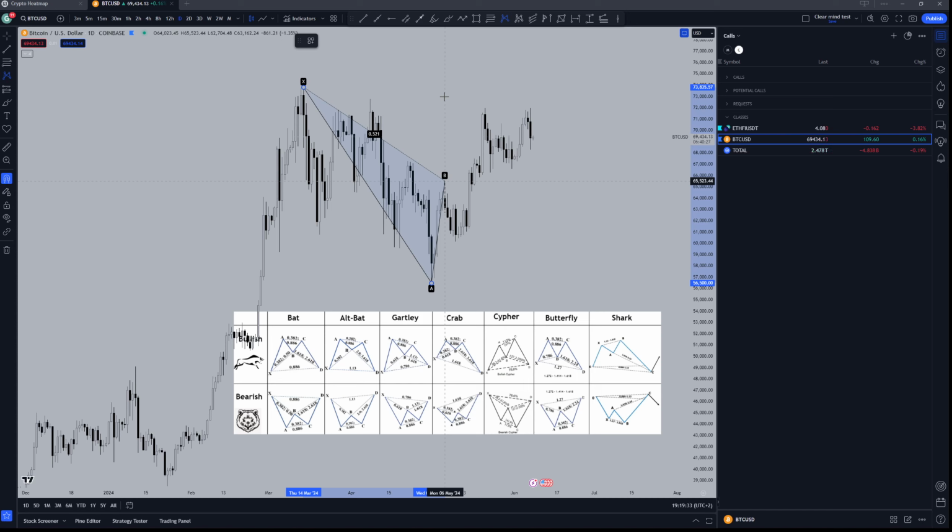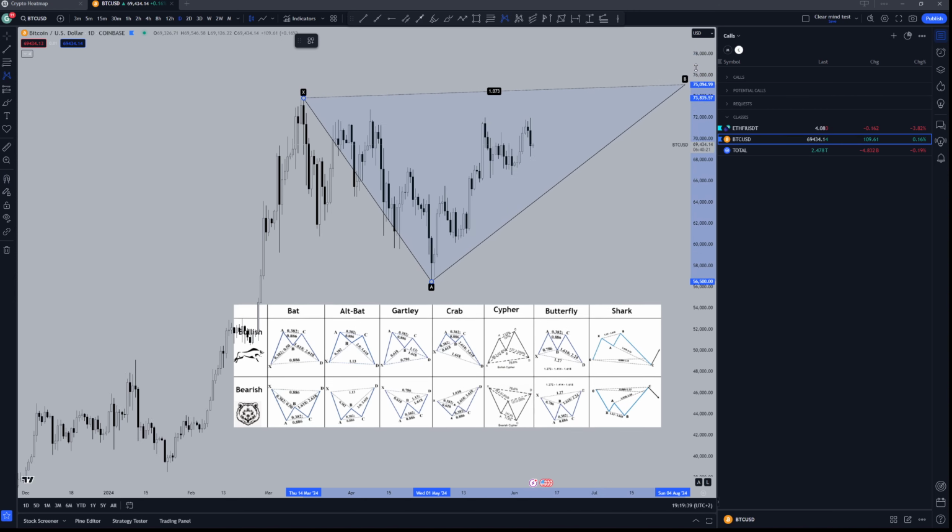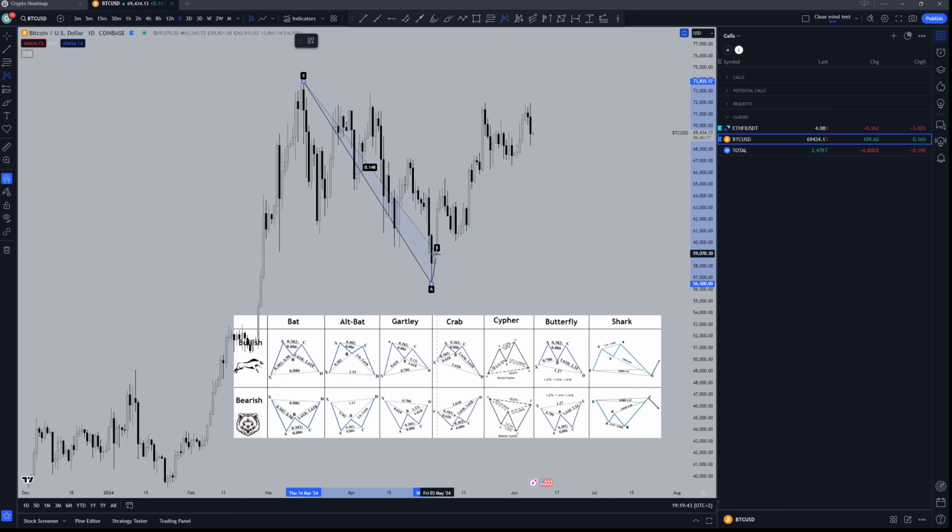You can also bounce it off of a 0.886, but that's a rather extreme harmonic, and we can already see that it's not active yet. So I'll just start following the lines. The 0.382 will always be the first one you find. But as you can see on this one, we do have the 0.382 here, but price still goes up after it. So that makes it so that we can't use this point.